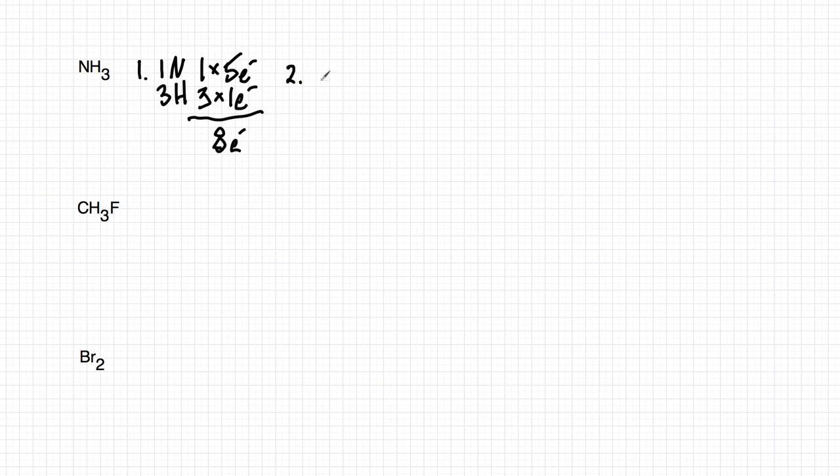So for our second step, we're going to draw a trial structure, and this is with single bonds connecting all the atoms. For step 3, this is our counting step. We started in step 1 with 8 electrons, and if you count, we have 2, 4, 6 electrons.